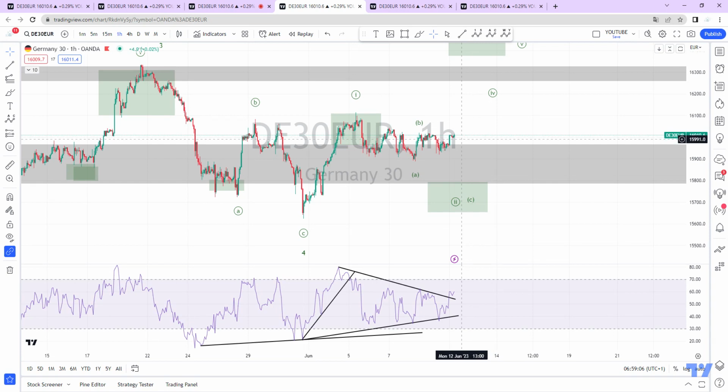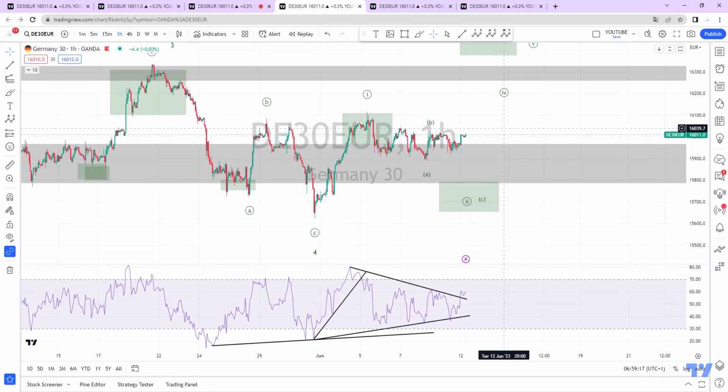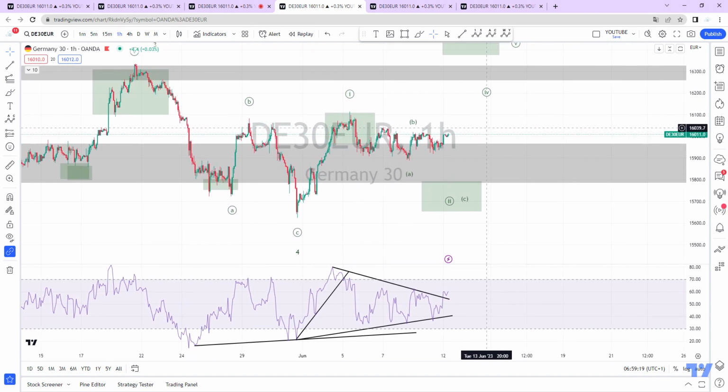We have to see. The market is maybe just waiting for these economic events, inflation rate, and Fed press conference. We will see. So here, there's not much to do. You have to wait.